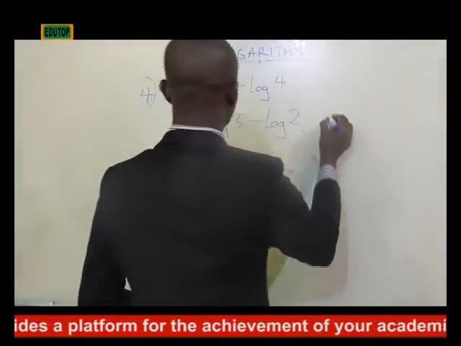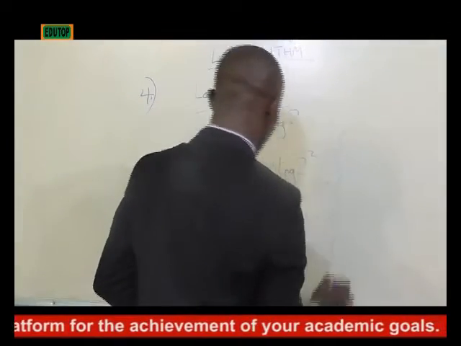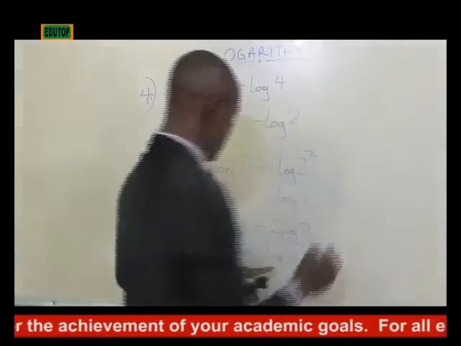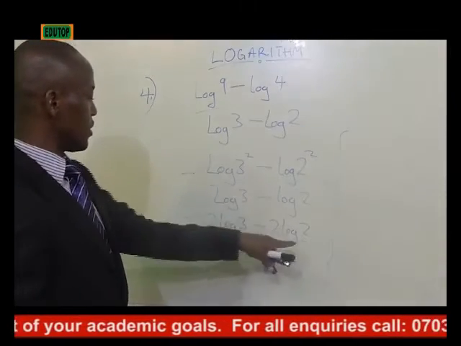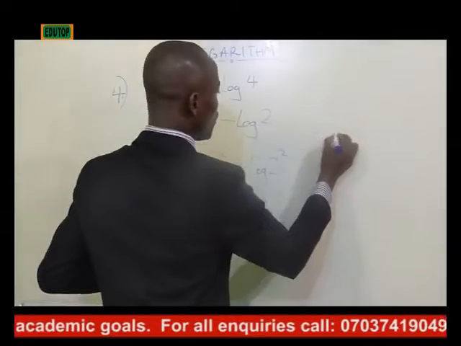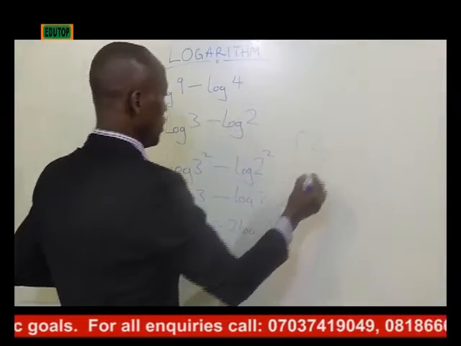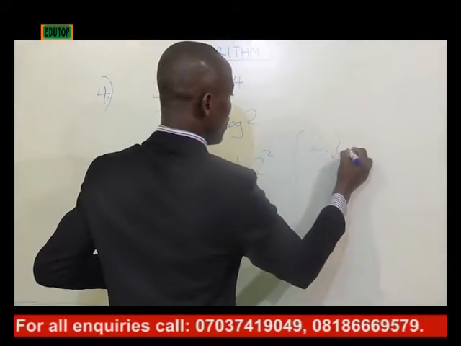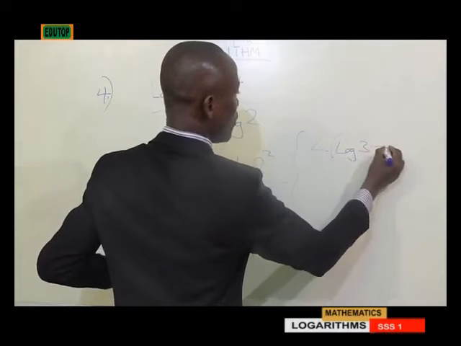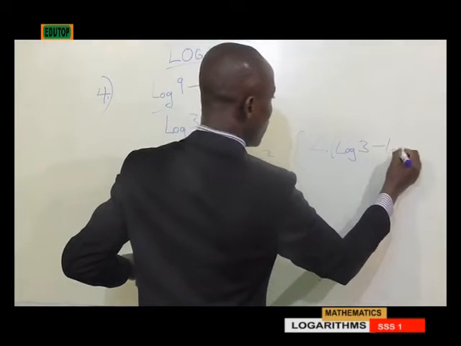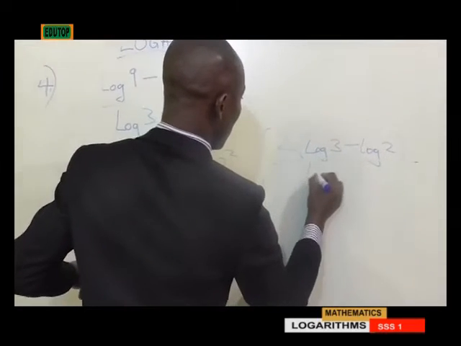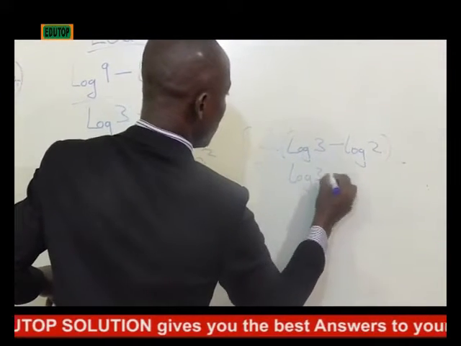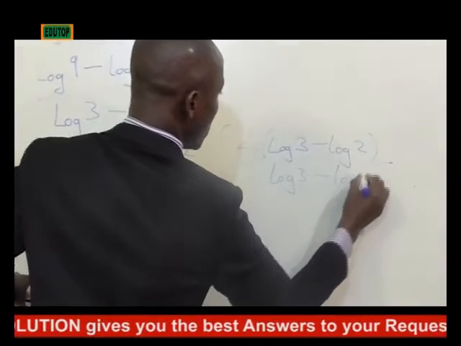We now collect like terms. 2 is common to both. We are having 2 into bracket log 3 minus log 2 all over log 3 minus log 2.